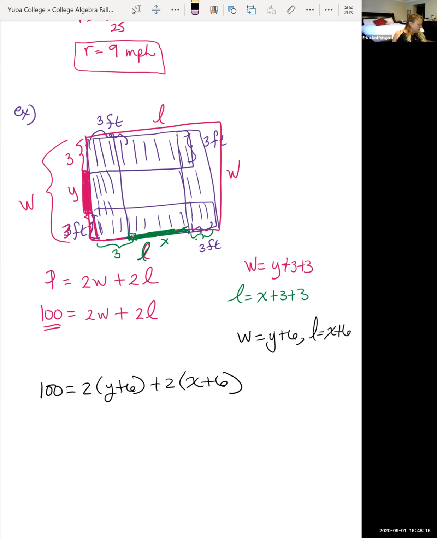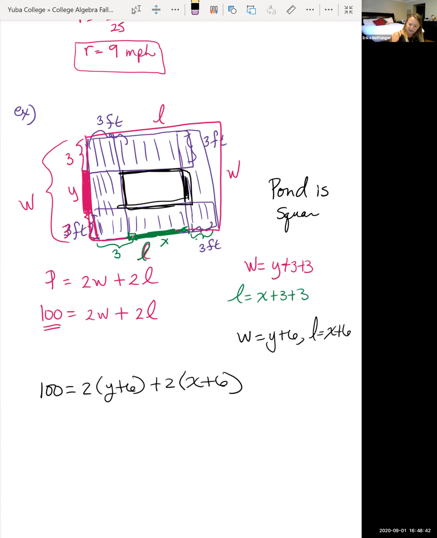Let me just reread. If the pond is square, what are the dimensions? If the pond is square, does that mean that x and y are equal? Yeah, exactly. That was the little bit of information I was missing. The pond is square, and so x is equal to y.